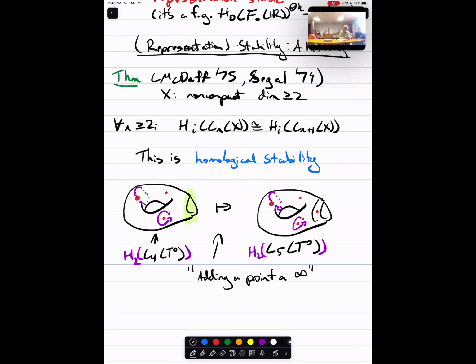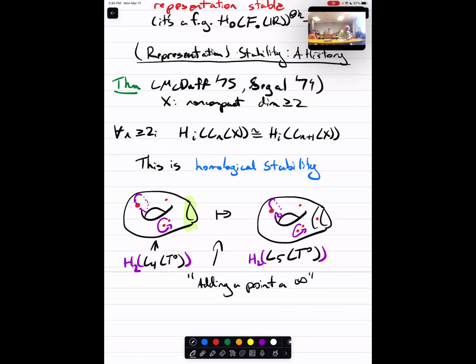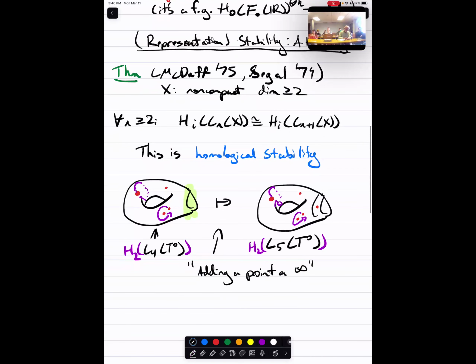So how do we formalize this a bit more? We have this nice isomorphism between homologies when we add a point.